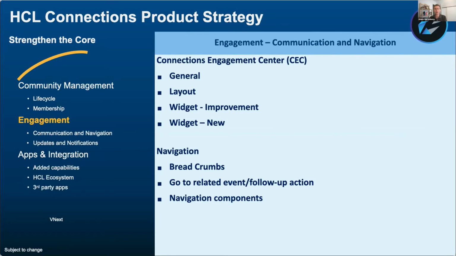I can see it, I can interact with it, but now I want to be able to quickly get back to that intranet page I was on before. And sometimes I can find that you go 1 or 2 clicks away from where you started, and now you're not quite sure how to get back to where you were before. So making it easy to navigate back and forth between those tools, for example.